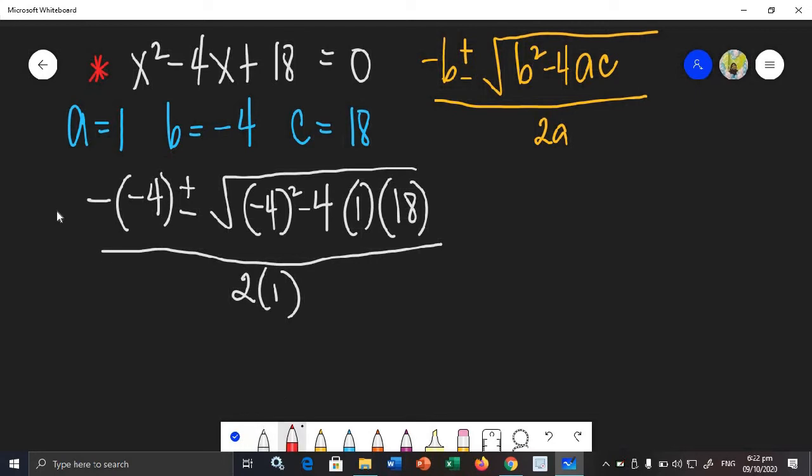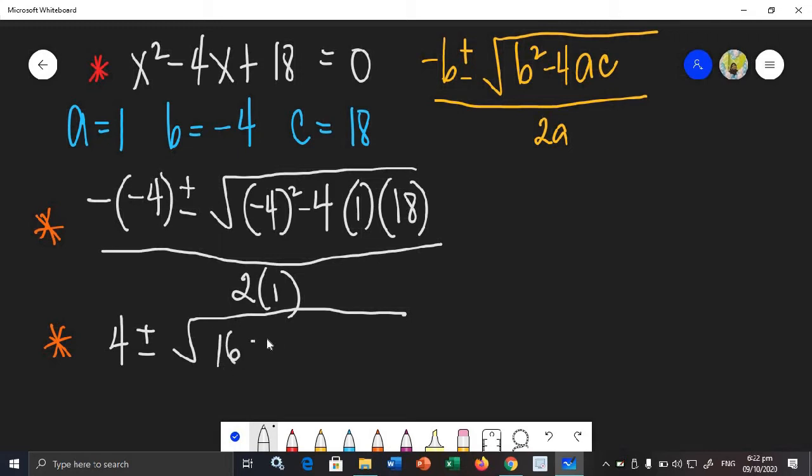And then, we need to simplify them. Simplify natin. Negative times negative 4, the answer is 4. Positive, negative, square root of negative 4 squared, that is 16. Minus 4 times 1 times 18. 72 if I'm not mistaken.